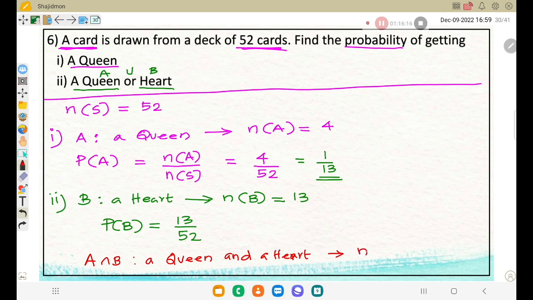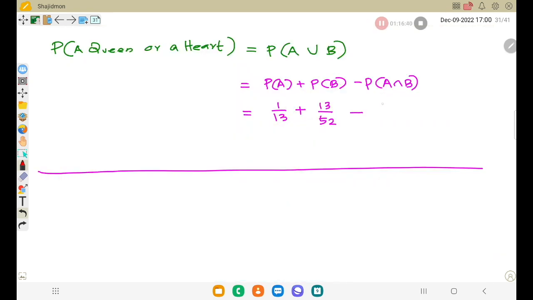You remember that one. Queen symbol should be there and heart symbol should be there. How many cards? Only one card, correct? So what will be the probability of A intersection B? It means 1 divided by total number of cards, 52. 1 divided by 52, correct? So that number we need to apply here, minus 1 divided by 52.